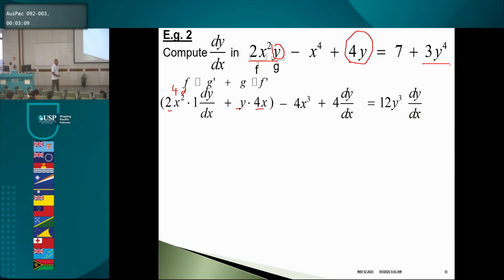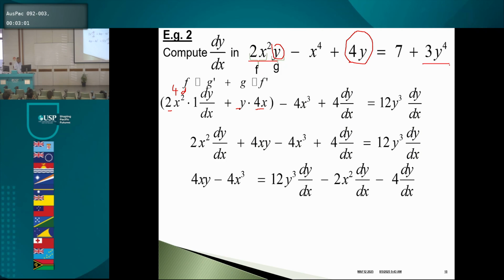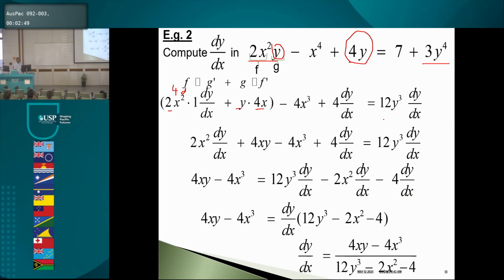And those that don't have, move it to the other side. Dy over dx is a common factor on the right side. Then make dy over dx the subject. So yeah.